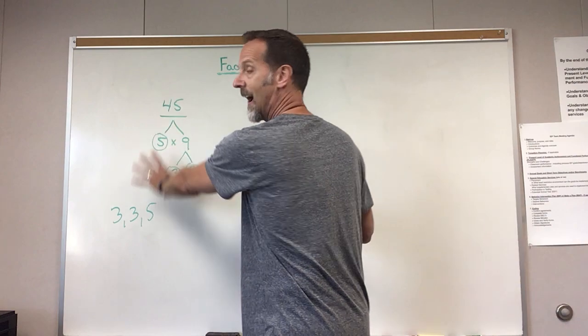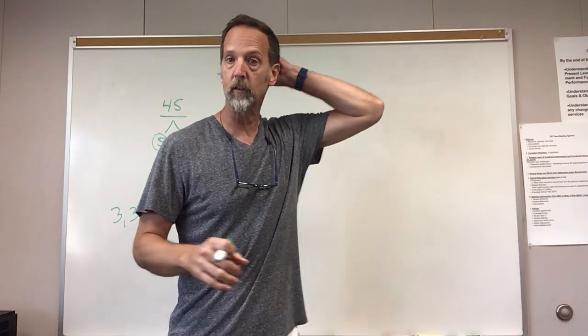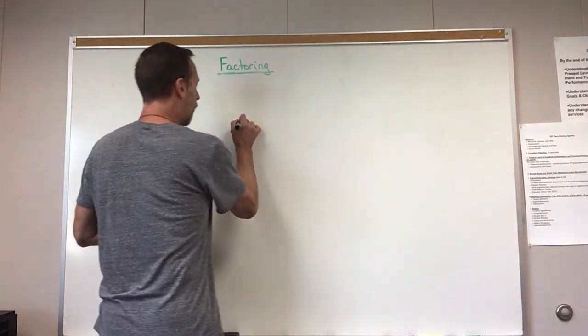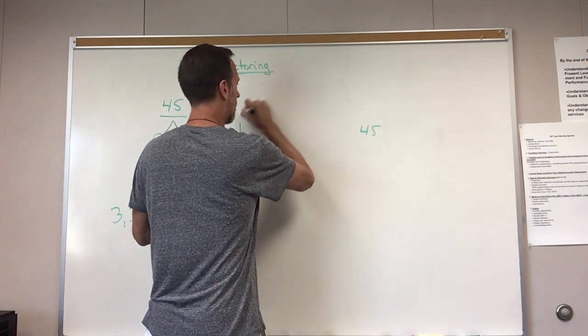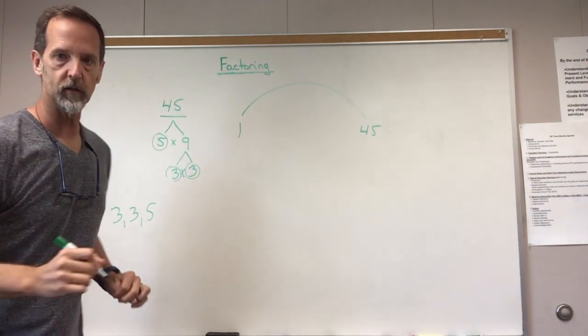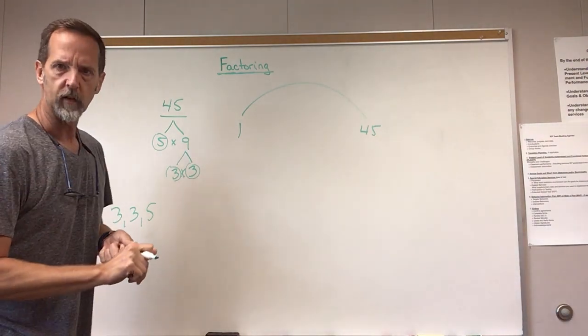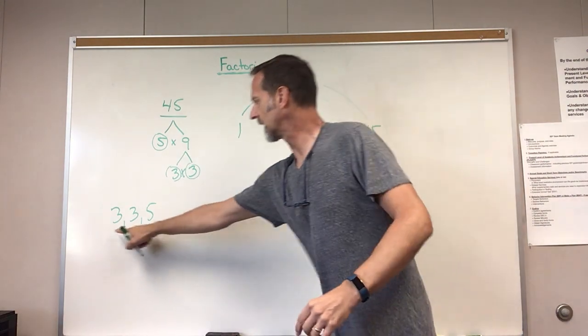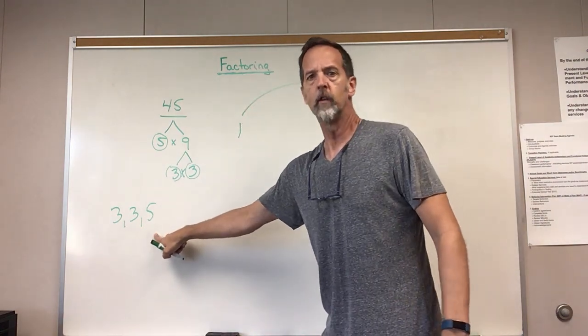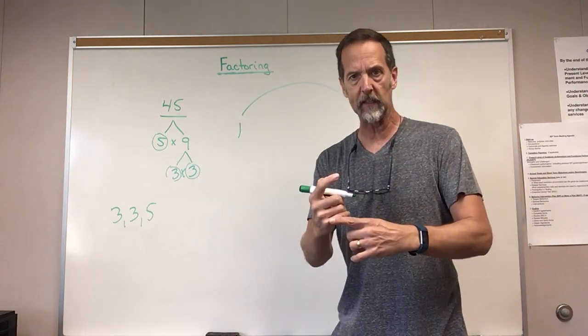We're done with our factor tree, and now we're going to make the factor rainbow. Always 1 and the number, 1 times 45. Those are the first 2 factors, okay? All right, do I have a 2 in my list? No. Can I make one using multiplication?